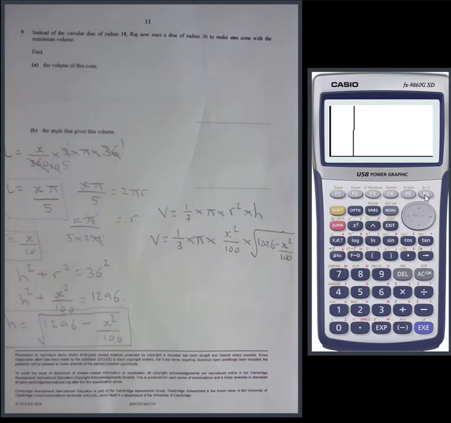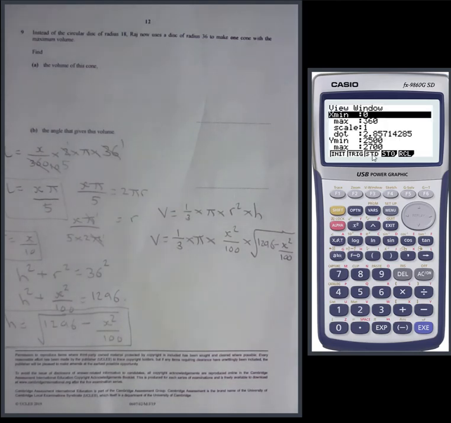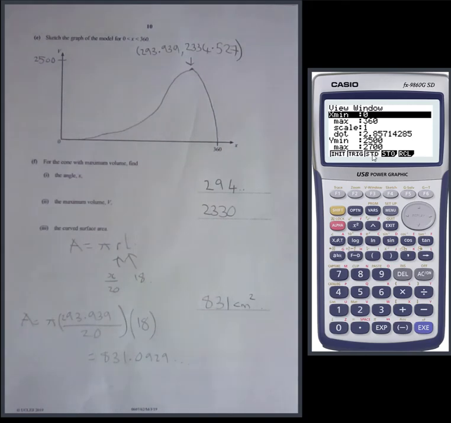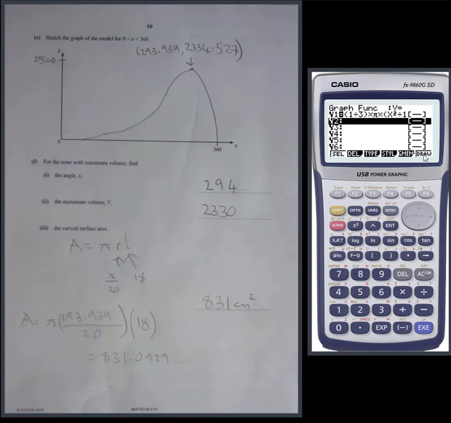Now if we draw it, I can see I'm looking at the wrong part, so I'm going to go back to the view window. Remember, for our graph that we had before, we had a minimum of 0, maximum of 360. We've got that. It's the y's that are the issue. We've got these limits from when we drew the 2 cone thing. So I'm going to take y min back down to 0. I might keep y max the same and have a look. And I'm still going off the screen.